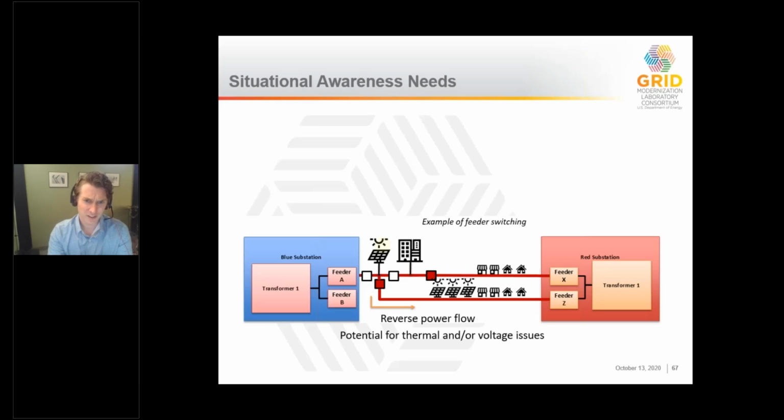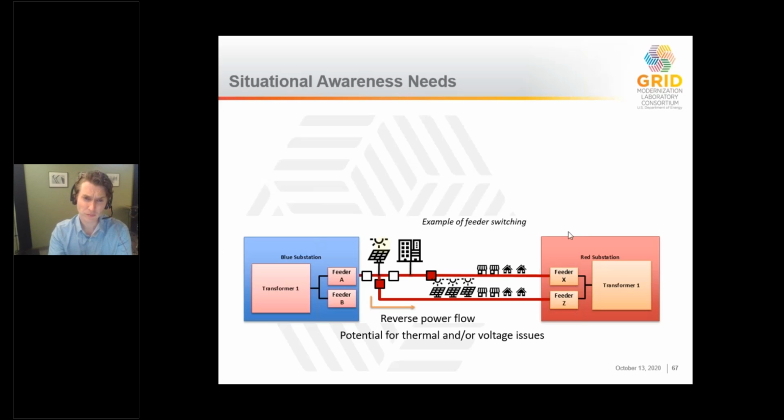So that really leads to a need to be able to monitor the voltage and the power output, the current output at these different locations, to be able to have that awareness if you've needed to reconfigure the system, if there's potentially a voltage or a thermal issue created by DER, which we want to try to keep online even in abnormal configurations to the extent possible. But the tools are still really evolving to be able to do this well. ADMS is one of the largest solutions out there.